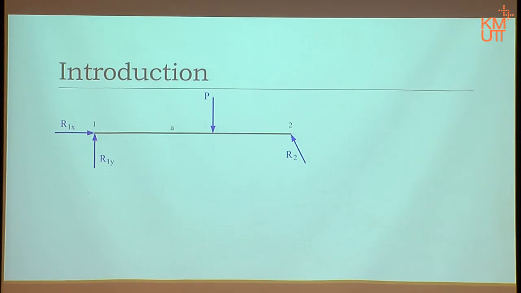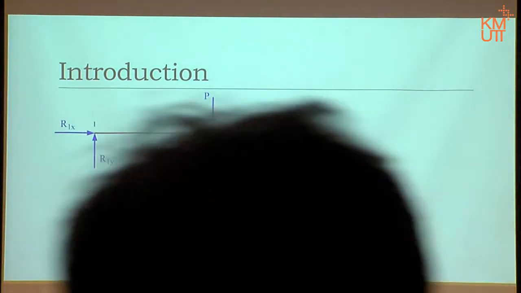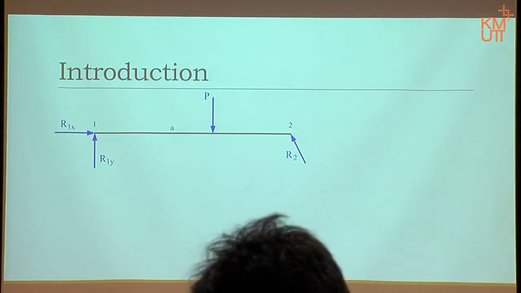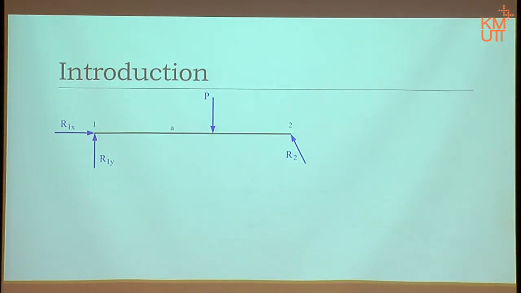Now say we have calculated R1X, R1Y, and R2, and then we look at point A. My guess is that point P doesn't jump from the middle to both sides. It actually moves along the material. It transfers from load P in the middle to the left hand side and right hand side. So it has to go through that material, in this case the beam.